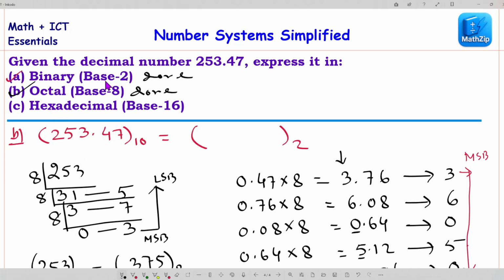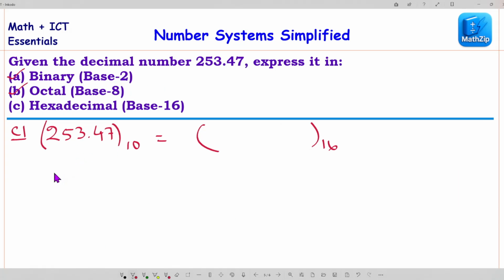Okay, so now we will start part C. It means decimal to hexadecimal. So first, for hexadecimal conversion, 253, we will divide by 16. So 253 divided by 16, you can use a calculator, is 15 and the remainder is 13. 13 we can say D. Why?